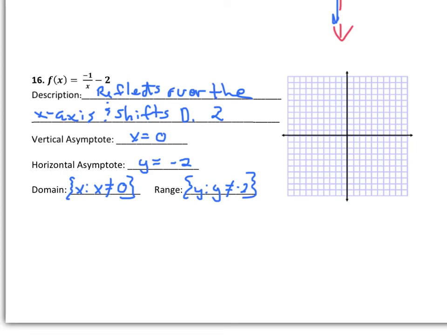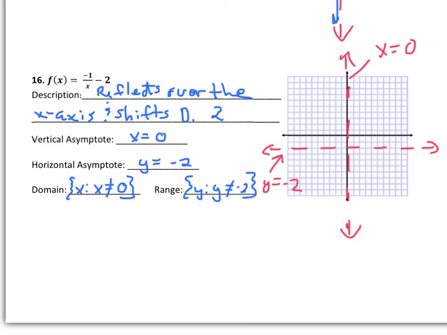All right, now let's draw these asymptotes in here again. So the first asymptote is going to be right along here. Okay, so let's label that as x equals 0. And then horizontally, let's see, it's going to be right along here. And that label, y equals negative 2.